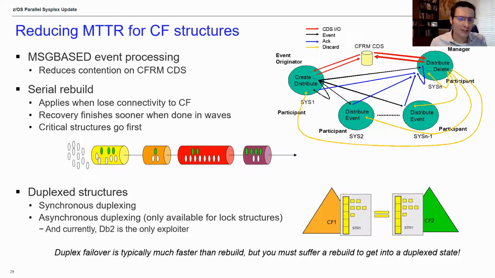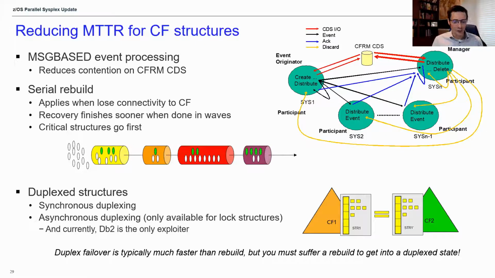So we already have mean time to recovery improvements in the area of structure rebuild. We have message-based event processing that's been around for a while. This allows you to use message-based event processing instead of policy event processing, and this reduces contention on the CFRM couple data set. This is a good thing. We have serial rebuild, which has been around for many releases, I think all the way back to 2.1.